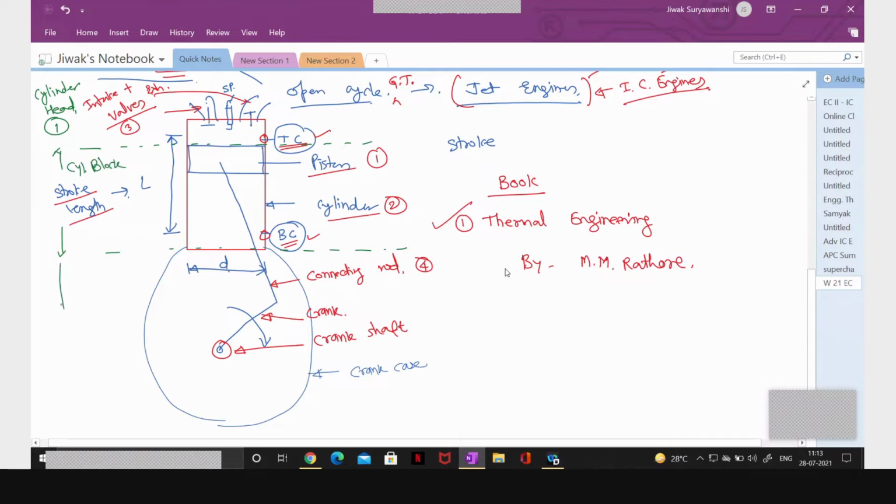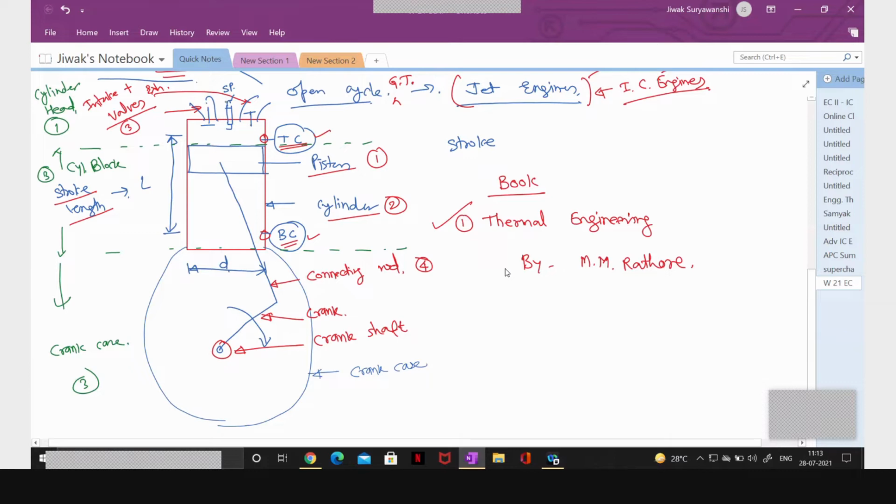So these are the three main parts. The cylinder head consists of valves, valve actuation mechanism, spark plug in case of SI engine, and fuel injector in case of diesel engine or CI engine. The cylinder block consists of the cylinders, piston arrangement and connecting rod.